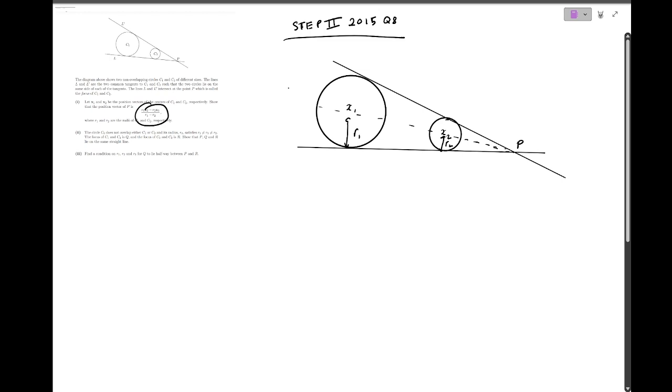Now you might already be able to spot that they share a common angle. Both r1 and r2, the triangles they make with this hypotenuse here, the dotted line, they both have the same angle. So therefore, they're similar triangles.